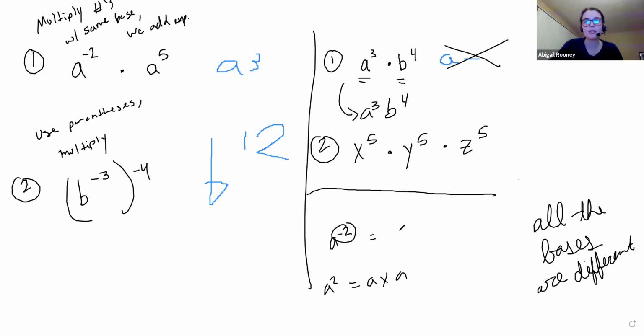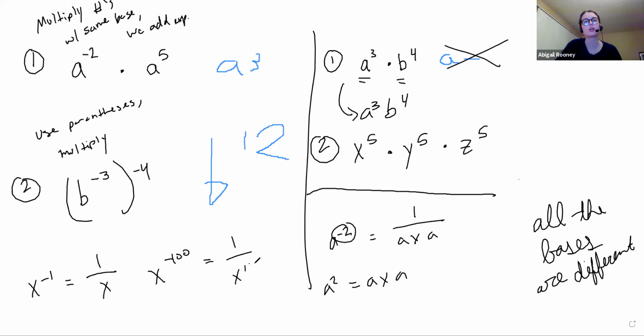Well, what that means is that actually we have a 1 on the top as a numerator, and we're doing our a times a on the denominator, or the bottom of the fraction. So if I gave you x to the negative 1, or x to the negative first power, what this is really saying is that this is 1 over x. Or if I could even do a bigger number, x to the negative 100, that would be 1 over x to the 100.